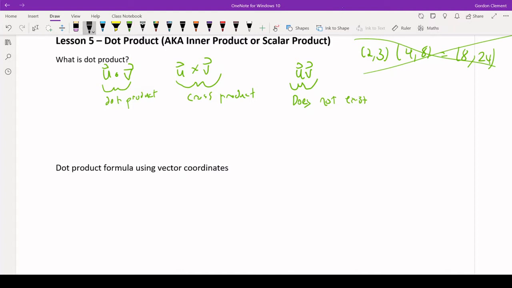So what the dot product is, it's defined by this formula. If you have two vectors, u dot v, you take the magnitude of u, multiply it by the magnitude of v, and then multiply that by the cosine of the angle between them.